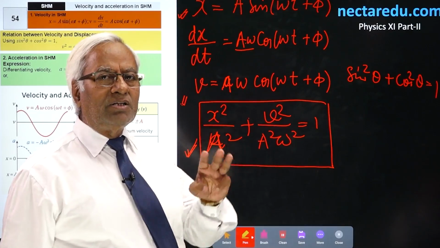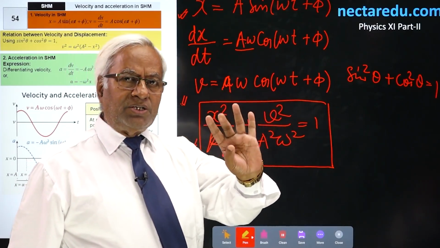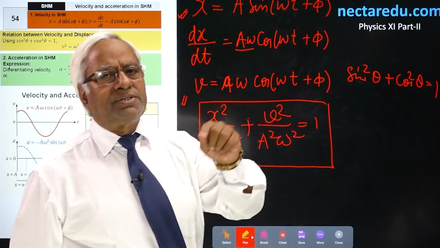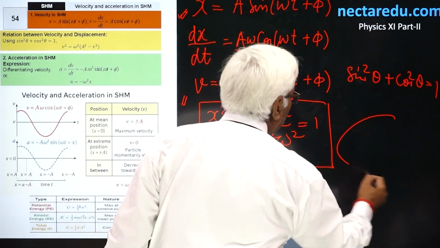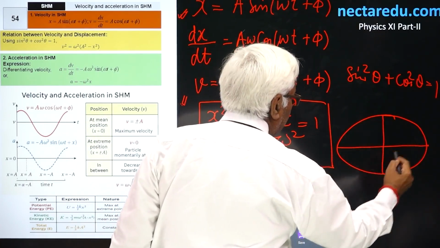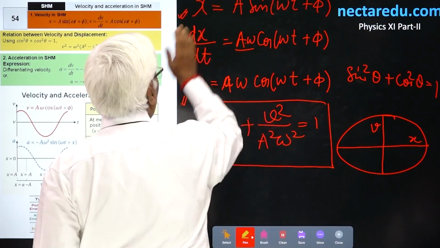That means here all the three parameters of mechanics, that is displacement, velocity and acceleration, are all variable with time and with distance both. If you want to plot a graph between velocity and displacement, this is going to be like this.